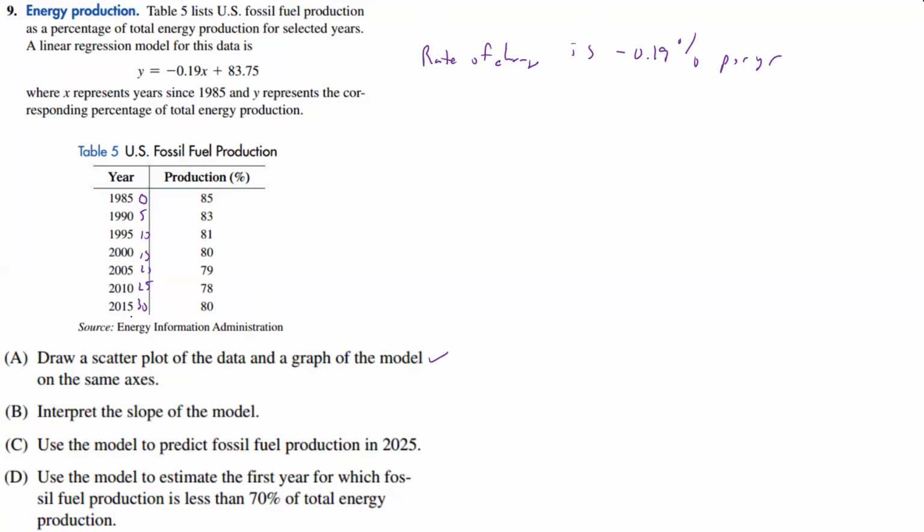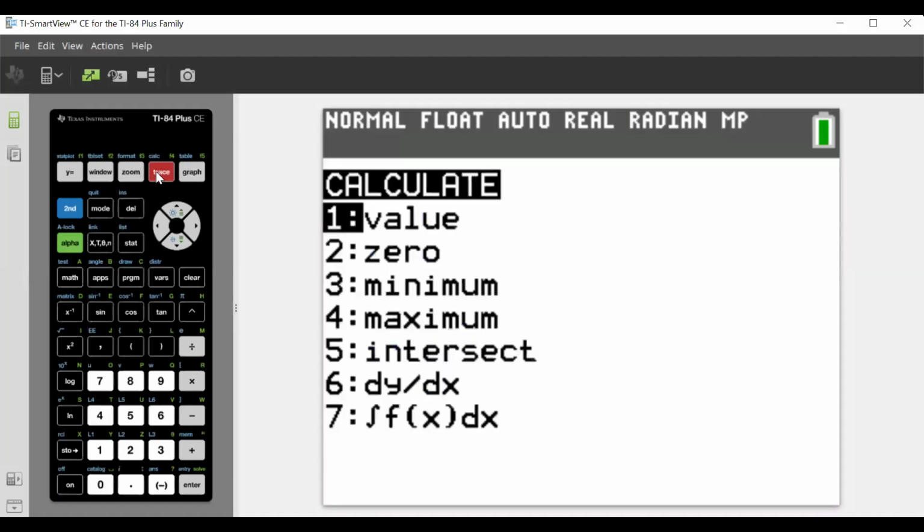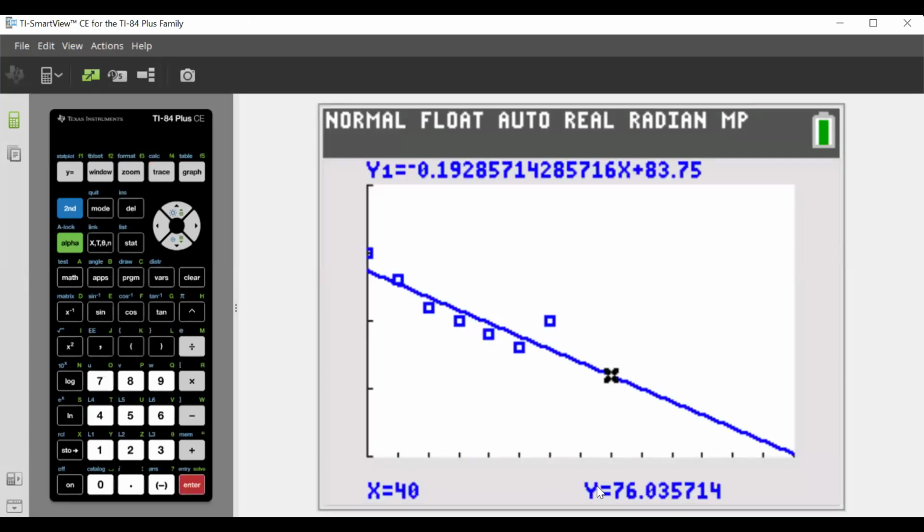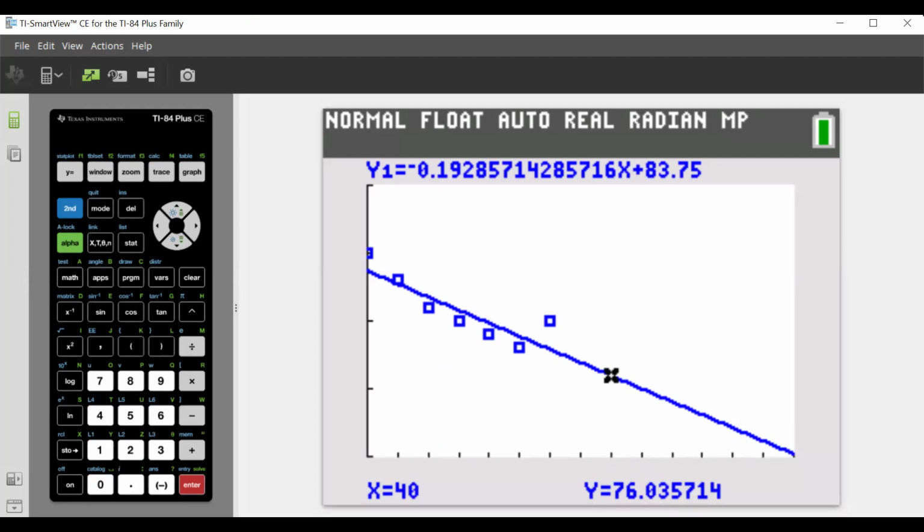Okay. Now, we're supposed to use the model to predict fossil fuel in 2025. Well, when's that going to be? That's going to be 40 years after 1985. Okay, so let's use our calculator to do that. We're going to do second trace. We want a value and we want the time to be 40. So that looks to be 76.04%.